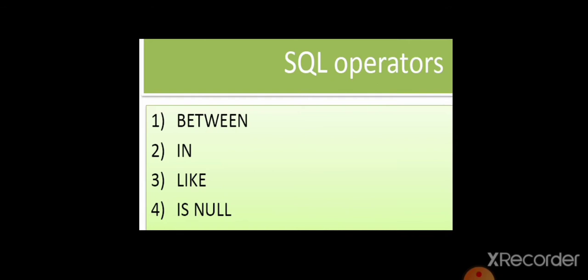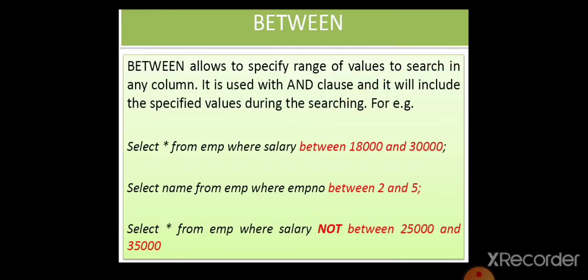The first one is BETWEEN, second one is IN, third one is LIKE, and the fourth one is NULL. BETWEEN allows us to specify a range of values to search in any column. It is used with the AND clause and it will include the specified values during the searching.